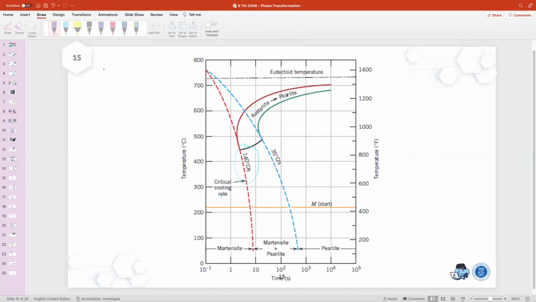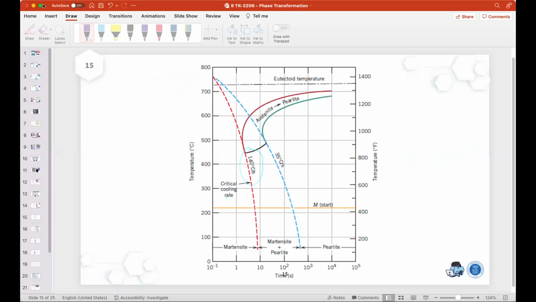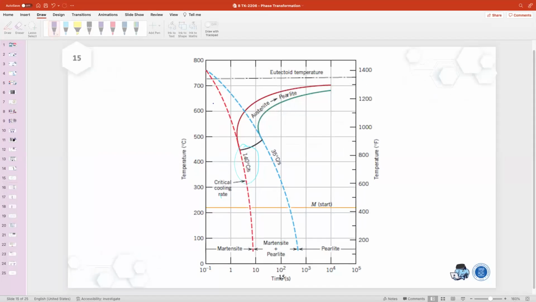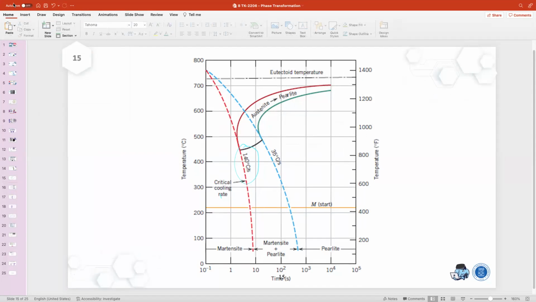Okay, so this one is called the critical cooling rate. For example, this is 35 degrees Celsius. If it is slower than 35 degrees Celsius, then you will have pearlite.